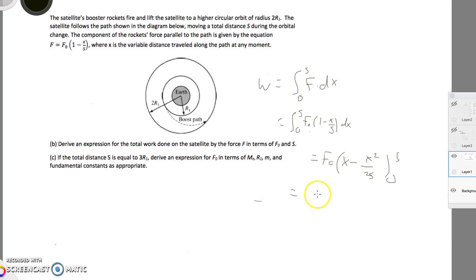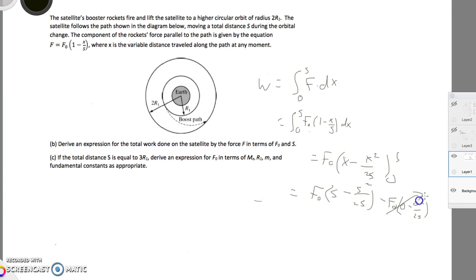Alright, so when we put in s for x, we get F naught times s minus s squared over 2s, and then minus F naught times 0 minus 0 squared over 2s.